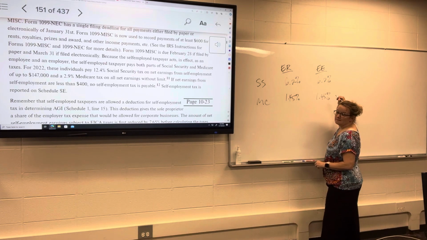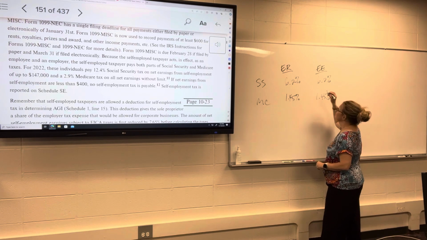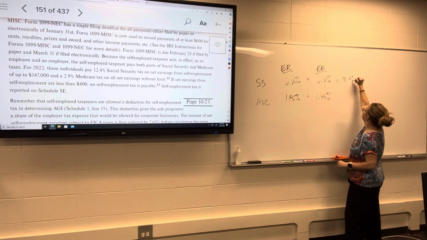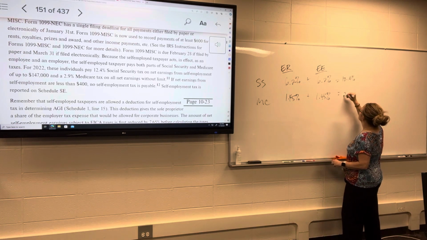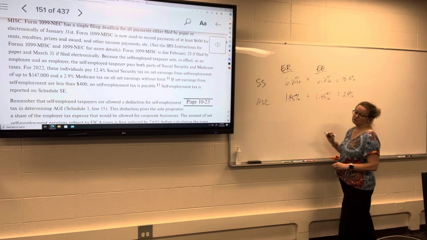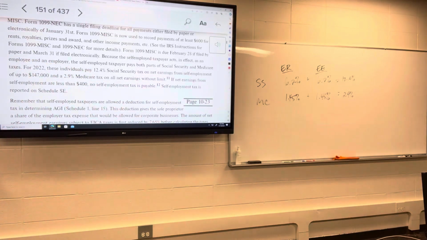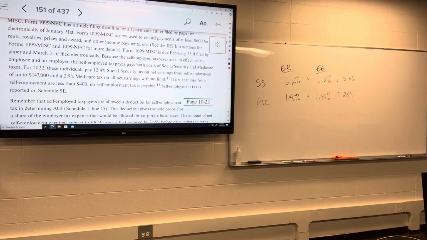Sorry, not to cut you off, I was just trying the TaxAct real quick. It's not working. It's still not working? I just did like a fake one. Are you still getting the update? Can you screenshot the update and email it to me so that I can forward it to them?